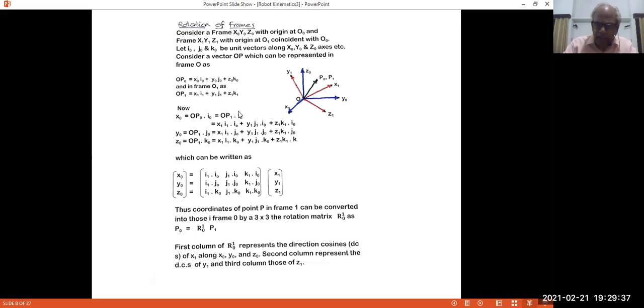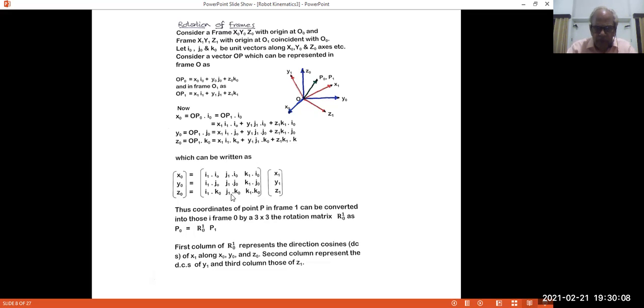So we can write it as OP1 dot i0, which will result in x1 i1 dot i0 plus y1 j1 dot i0 plus z1 k1 dot i0, where we replace OP1 by this. So similarly, we can write y0 and z0 also as the dot products of OP1 with j0 and k0.